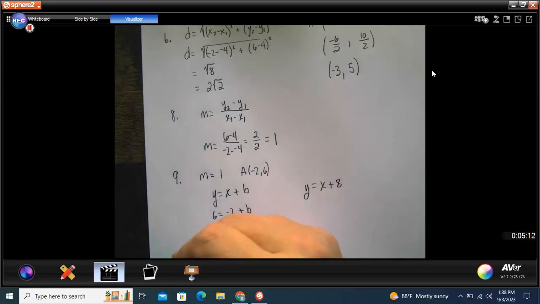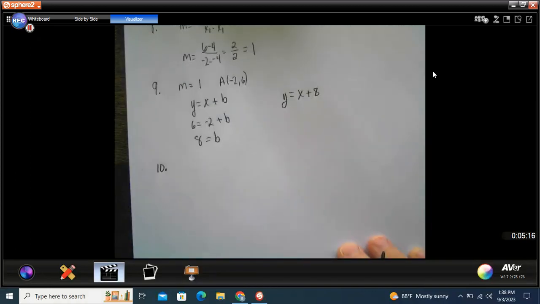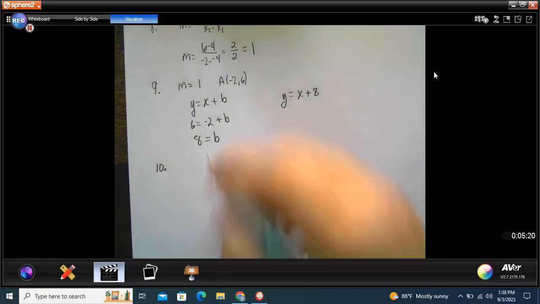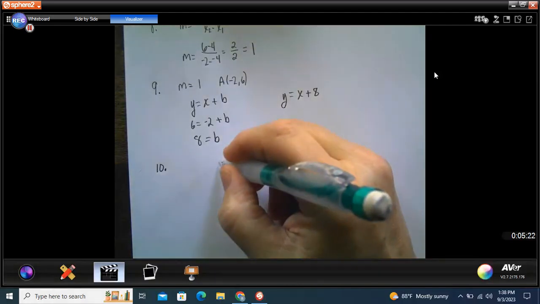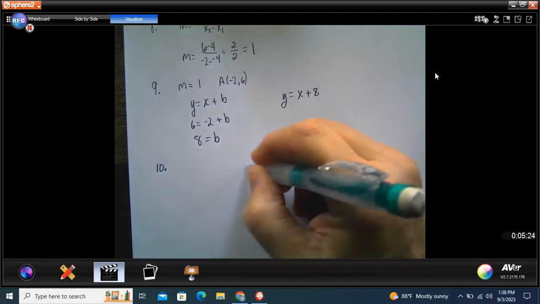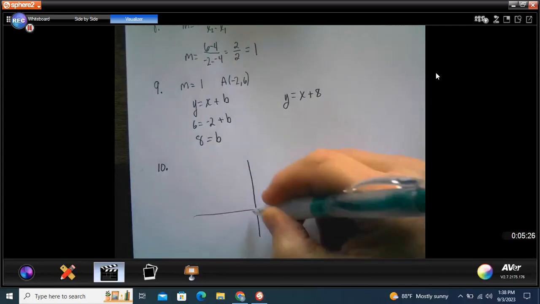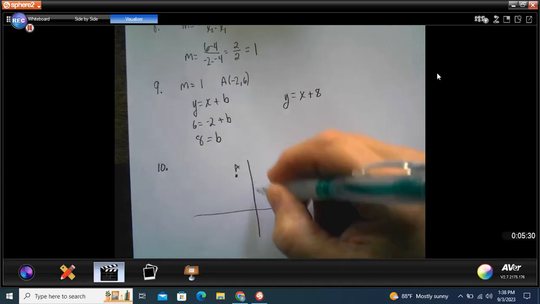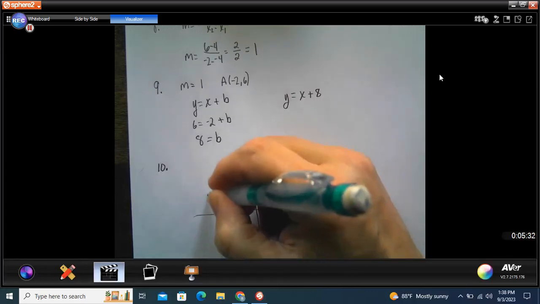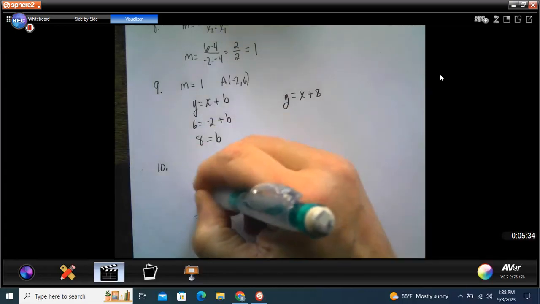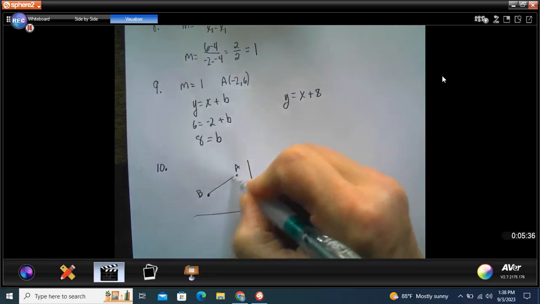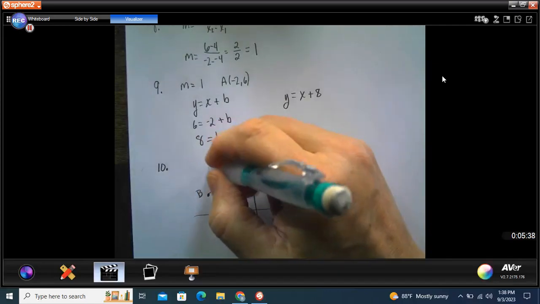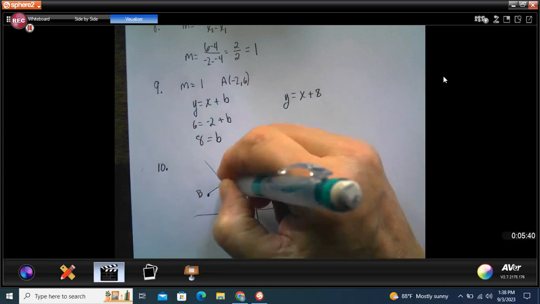Then for number 10, we're supposed to find the equation of the perpendicular bisector of that line. So we have (-2, 6) is our point A, and (-4, 4) is our point B. Okay, so we want the equation of the perpendicular bisector.